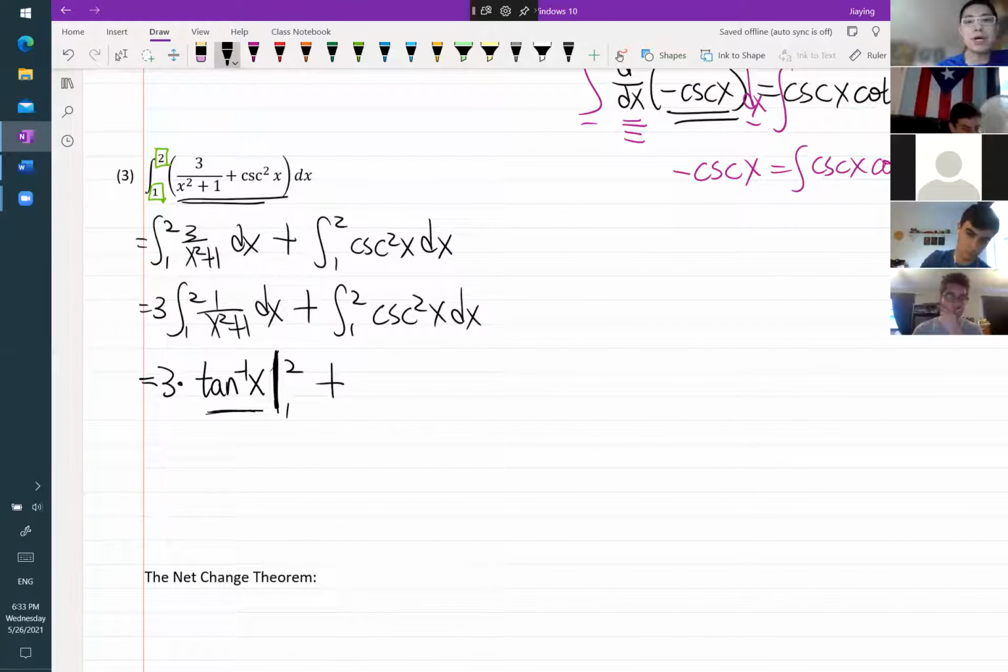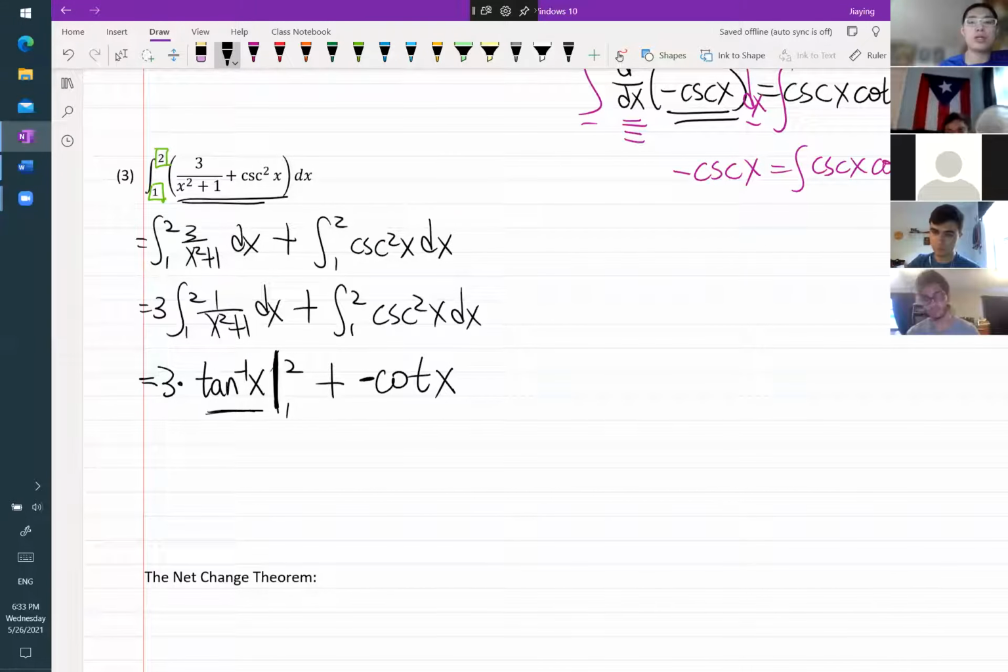Plus the next part, cosecant square x. If you look it up, it's cotangent x, but it's negative. So that's a negative cotangent x. When we differentiate it, we get cosecant square x, or if you integrate cosecant square x, you get negative cotangent x.